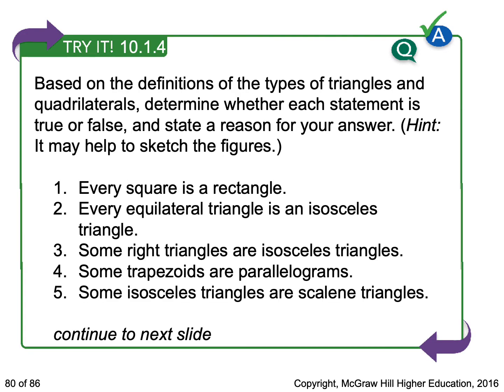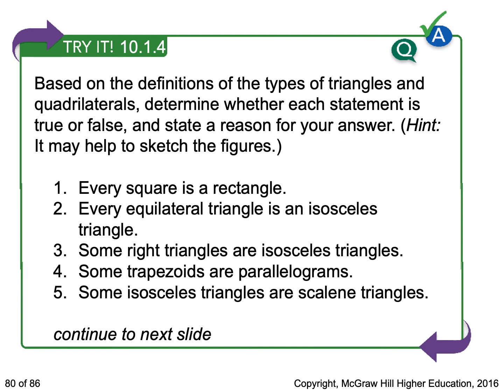So try it 10.1.4, the hint is saying it may help to sketch the figures, and it may also be a good idea to look at the definitions of triangles and quadrilaterals. It's saying, for instance, every square is a rectangle.